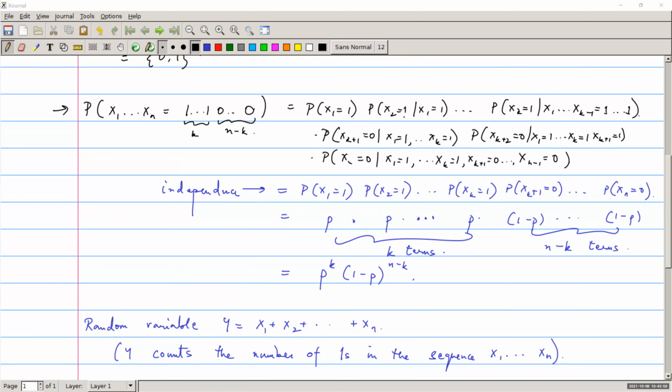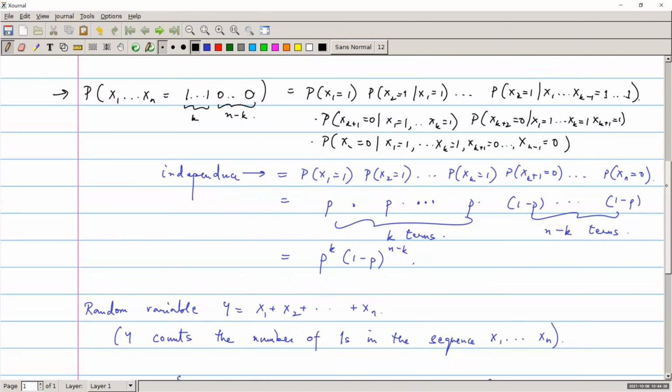For others who are having trouble with this, you need to tell me so that I can go back to where you have an issue. So is this part clear for everyone? I actually don't see anything from anyone.